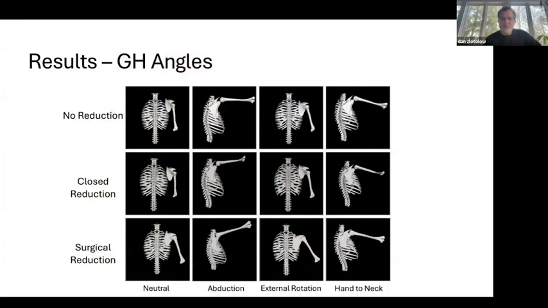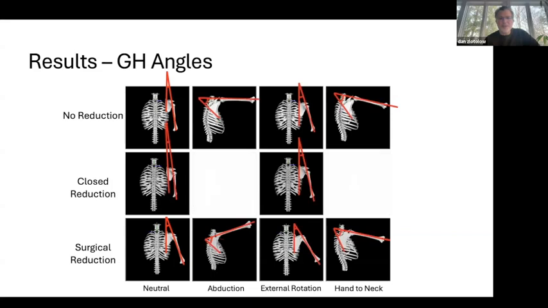Stephanie Russo and our group have shown the glenohumeral angles after tendon transfers without a reduction, with a closed reduction, or with a surgical reduction, meaning we had to release something to get the joint in. You can see that the angles change and you start getting abduction contractures, and this is throughout basically every position.